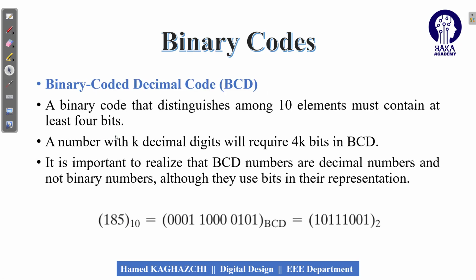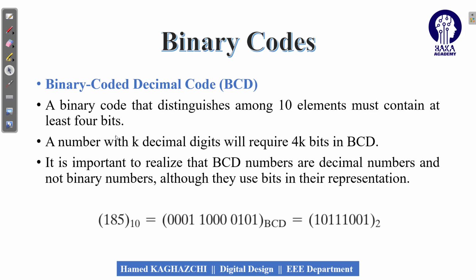Now, one of the most important and significant binary codes in digital systems is called the BCD code, binary coded decimal code. What is this BCD code? We say that we can represent the numbers from 0 up to 9 using 4-bit binary.